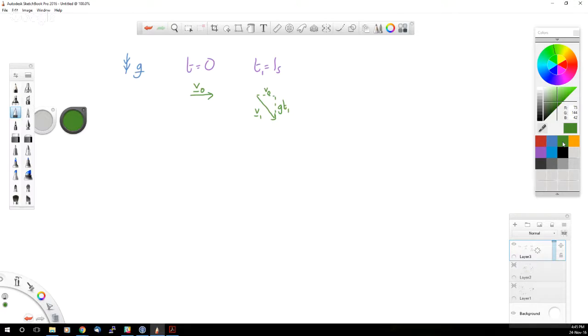And in fact, for all other times, we draw the exact same thing with no change in the horizontal component of the velocity. But this component is proportional to the time.